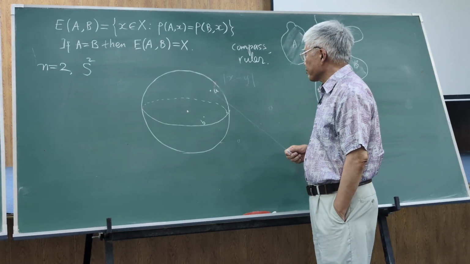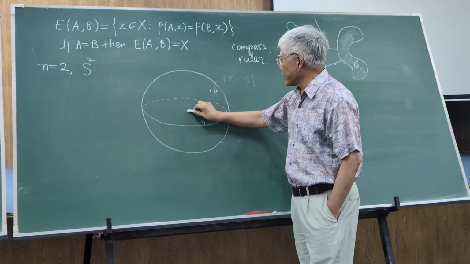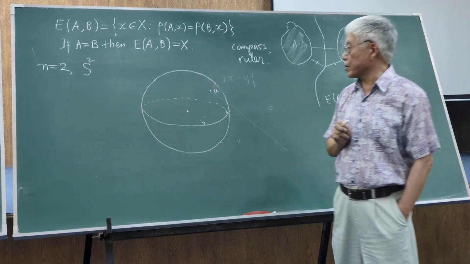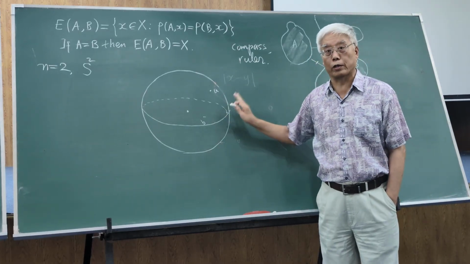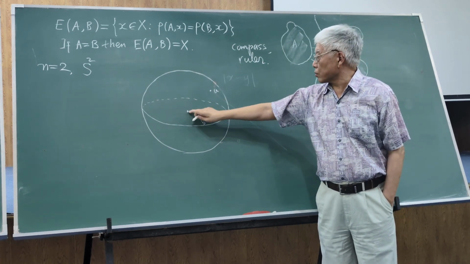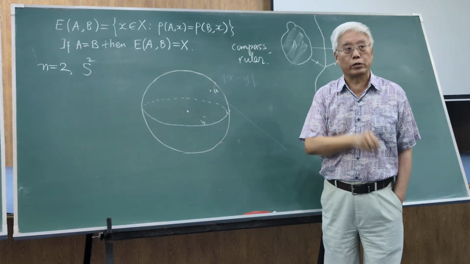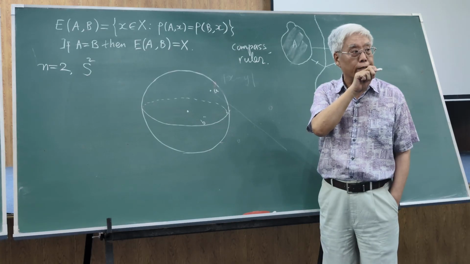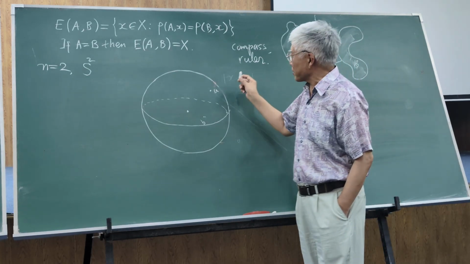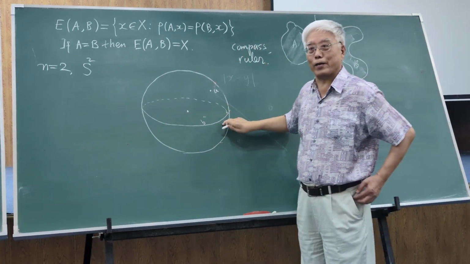Now, by Euclidean axiom, take center, A, B, 3 points. A is not equal to B, and A, B are not equal to the center because they are assumed to be in the space, meaning on the S2. If A, B are not equal, then we have 3 distinct points in space. By Euclidean axiom, there is a unique plane containing them, right? That intersects this sphere in a what?